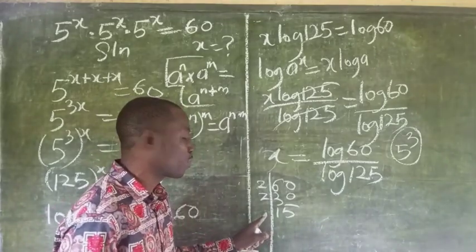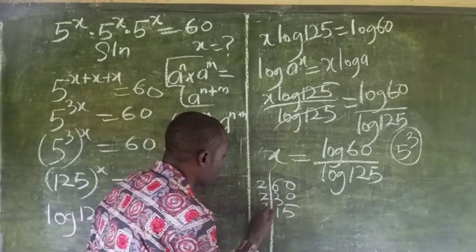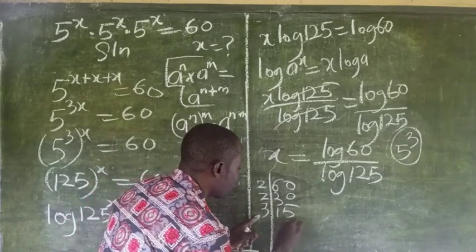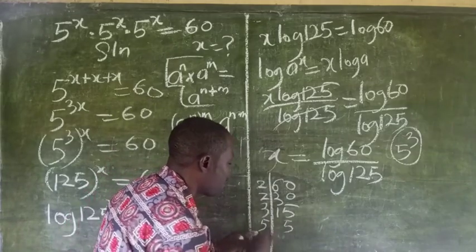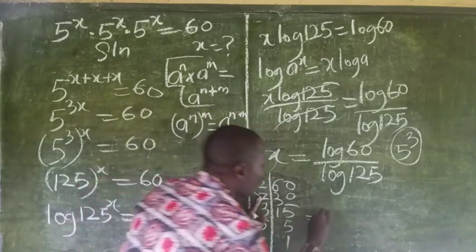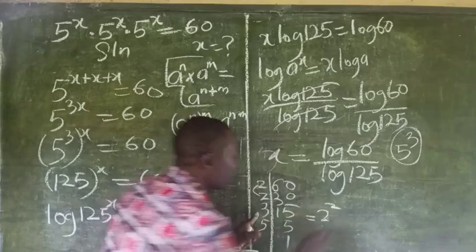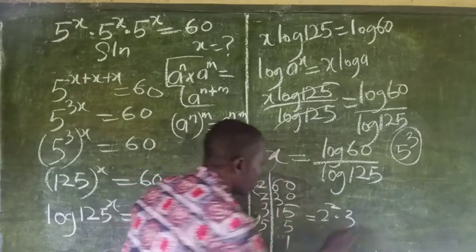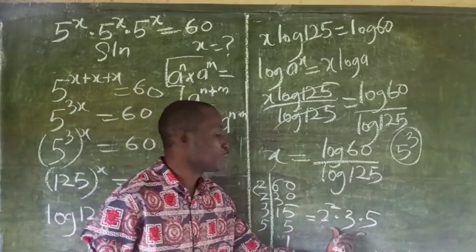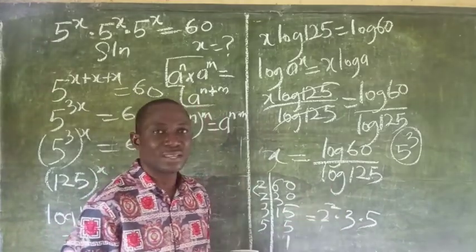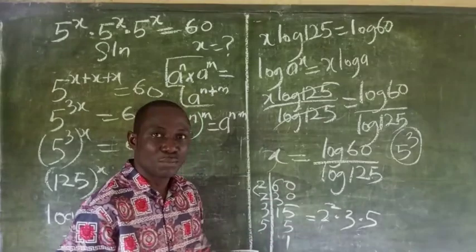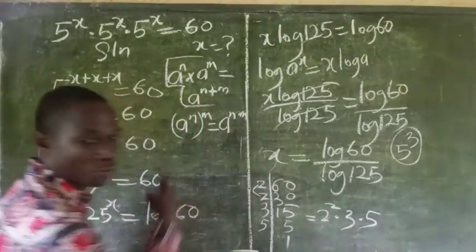I would prefer 3 because it's smaller than 5. So 15 divided by 3 is 5, and 5 into 5 is 1. So this will be 2 raised to power 2 times 3 times 5. In place of 60, we're going to write this so that the value of s will be more simplified. Alright, so we'll continue from here.